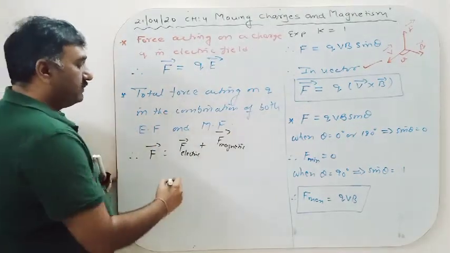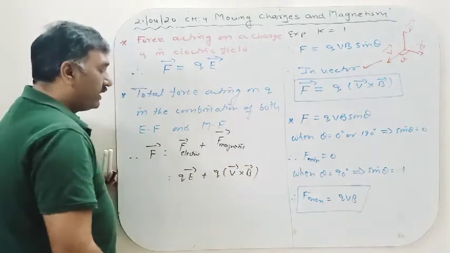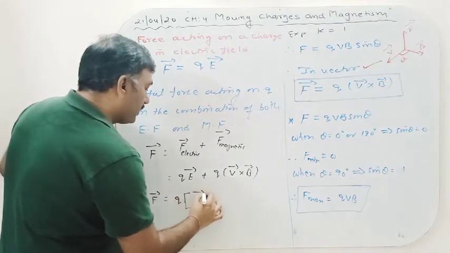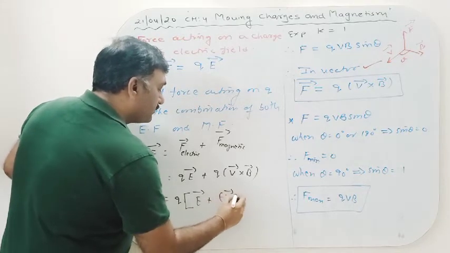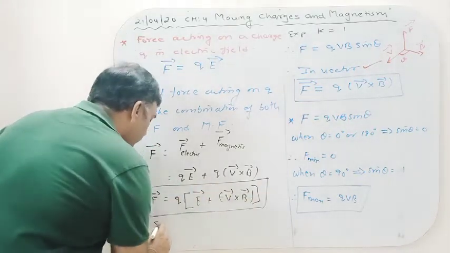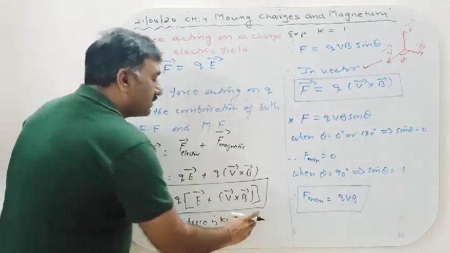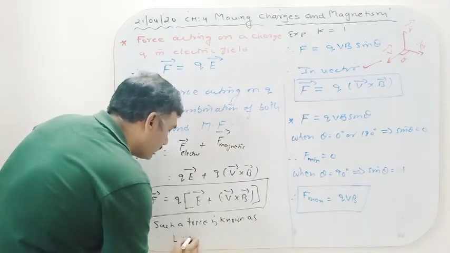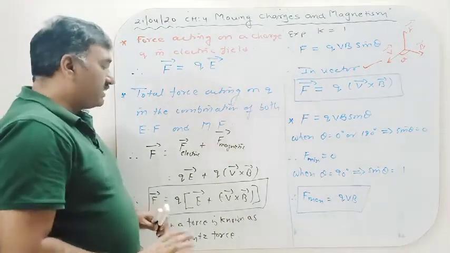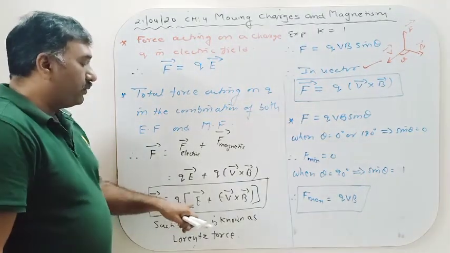F electric is QE, and F magnetic is Q V cross B. Taking Q common, F is equal to Q times E plus V cross B. Such a force is known as the Lorentz force. So the Lorentz force formula is F equal to Q times E plus V cross B.